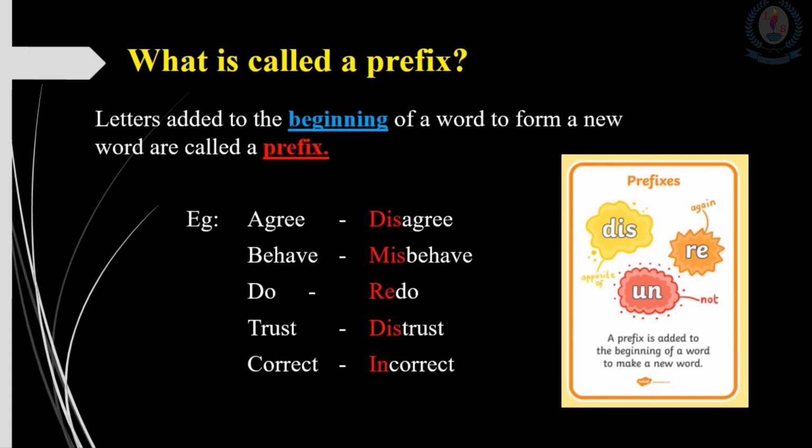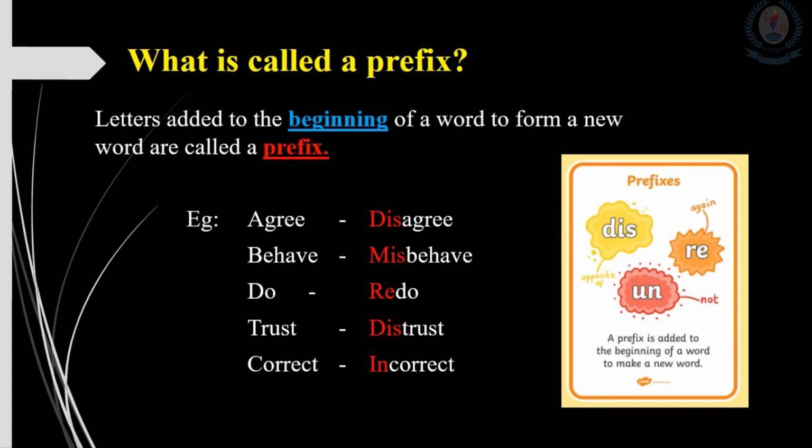You should note that I have added some letters to the beginning of each of these words to form a new word. Agree, disagree, behave, misbehave, do, redo, trust, distrust, correct, incorrect.